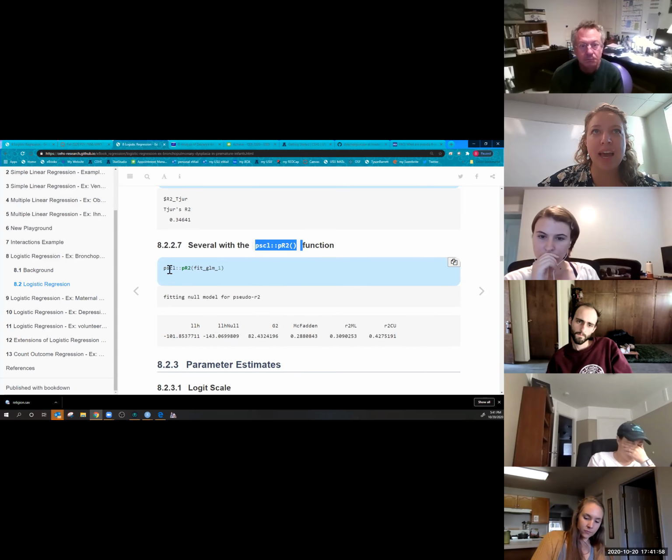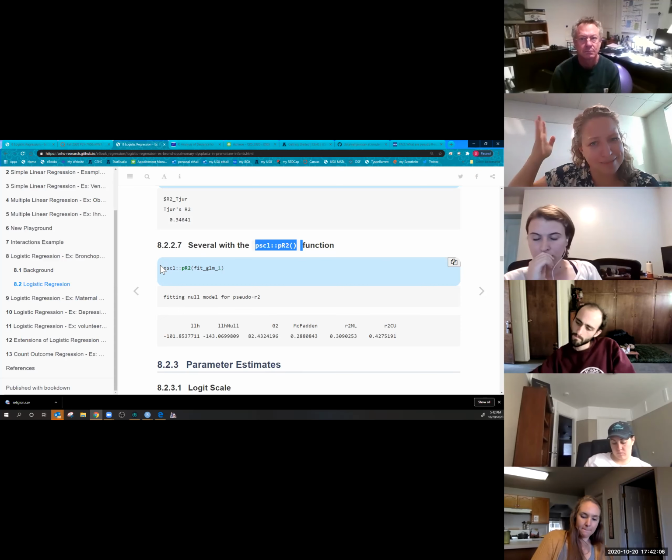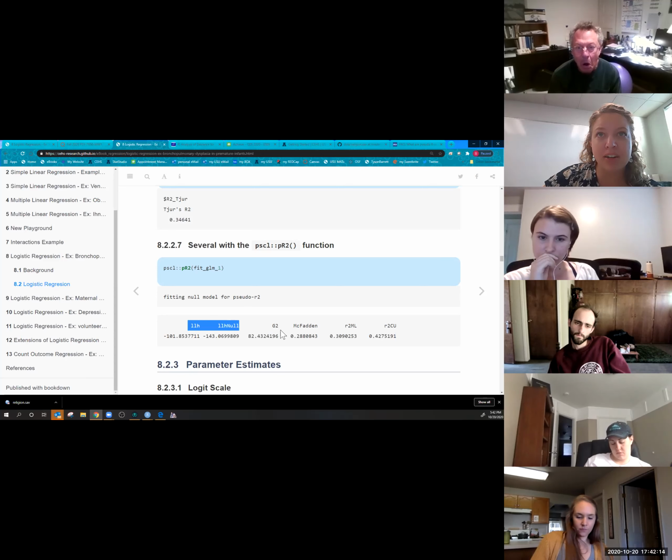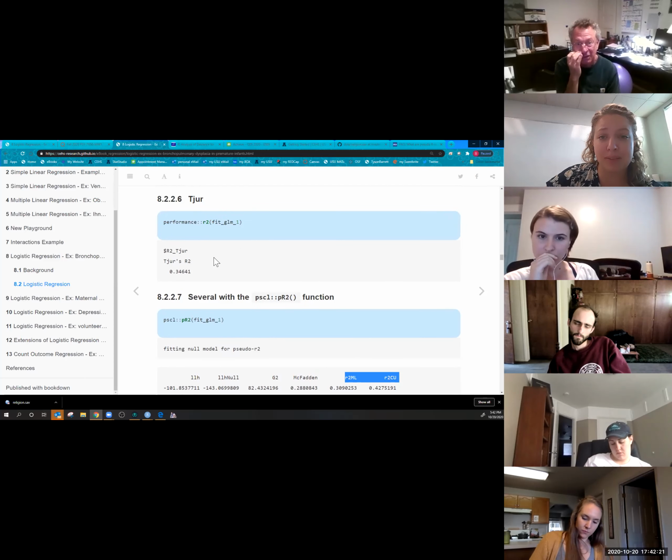This is pscl, that's the package name, pR2 for pseudo. Pseudo starts with the P. R², and you give it the model name. So it gives you the likelihood for this model and for the null model, G², but here's our McFadden's R² and some other R²s, or you can ask for them separately.